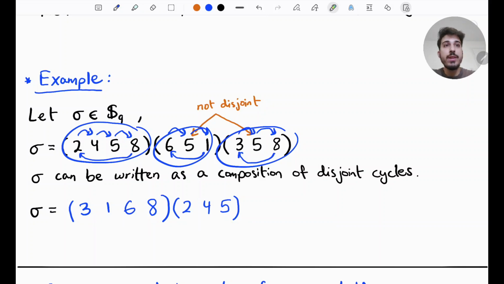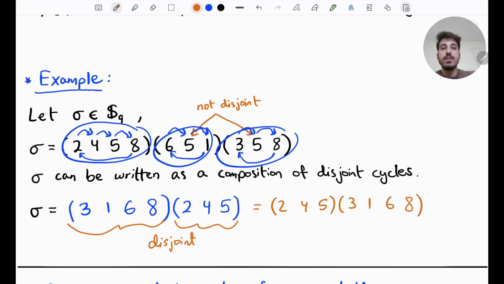And we notice here that these two cycles, 3168 and 245, are in fact disjoint cycles. So now we have the advantage to write them as 245, 3168. This is the commutative property of disjoint cycles.